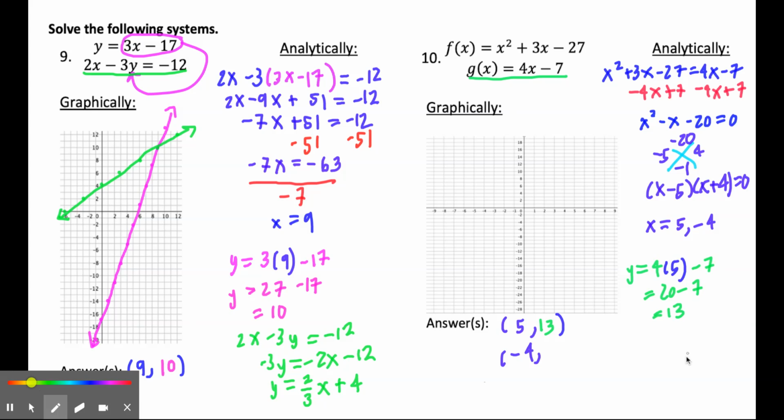And then let's do the other one. So then that's y equals 4 times negative 4 minus 7, which is negative 16 minus 7, which is negative 23.